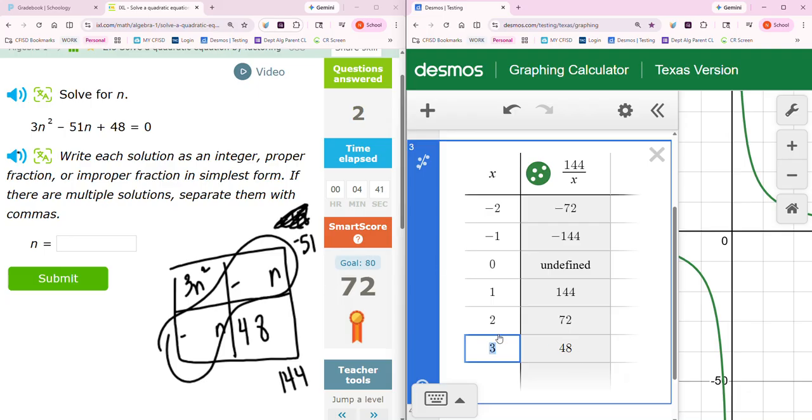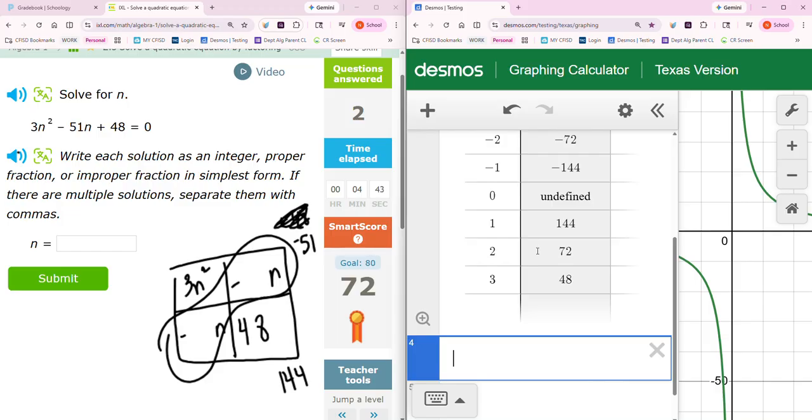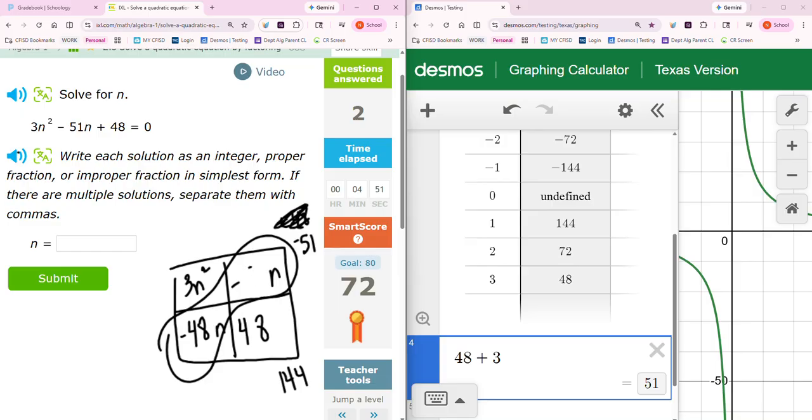But 48 plus 3 will give me 51. Let's double check. So 48 plus 3 gives me that required 51. So I'm going to put 48 here and I'm going to put 3 there. All I'm doing is looking at these two factors. These are the numbers that we can multiply to give us that original product of 144.